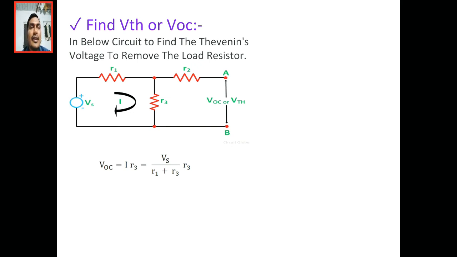When we know the current through R1 and R3, the voltage across R3 will become the open circuit voltage. Seen from the load terminals, R3 is the load, so the voltage across R3 will be the voltage across the load. So open circuit voltage equals I into R3, that is Vs by R1 plus R3 into R3, which gives the open circuit voltage.